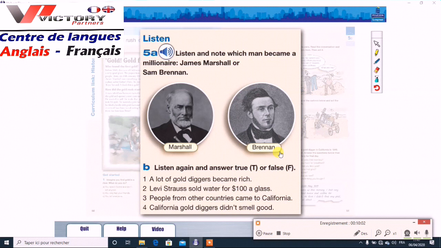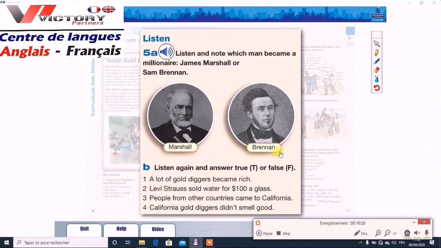Exactly. Then some Californian businessmen made money when they sold water in the desert. Sold water? How much did it cost? Anything from $5 a glass to $100 a glass. $100 a glass? That's expensive. And then there were people from other countries.